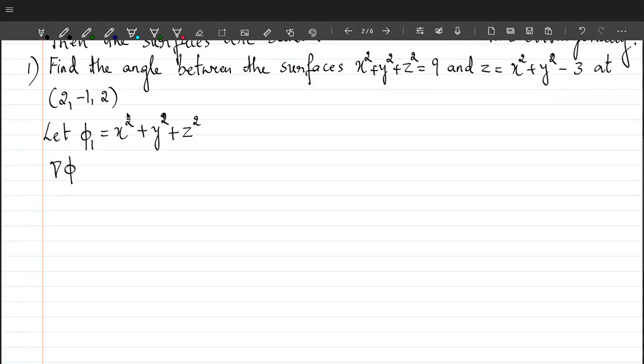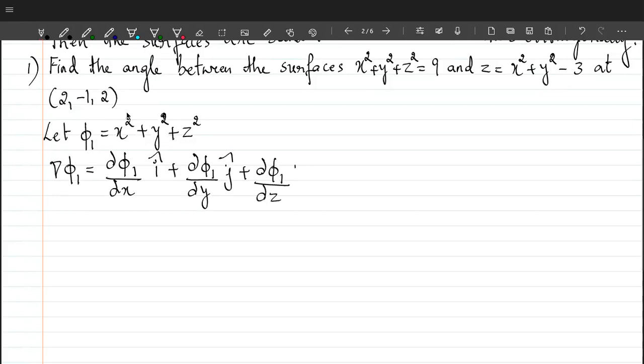Next thing which I want to calculate here is del phi 1, that's equal to dou phi 1 by dou x i cap plus dou phi 1 by dou y j cap plus dou phi 1 by dou z k cap.